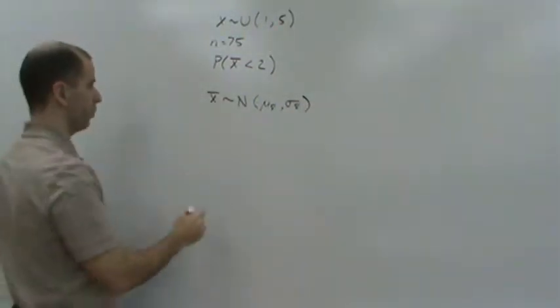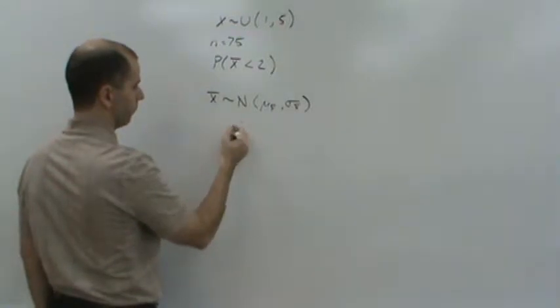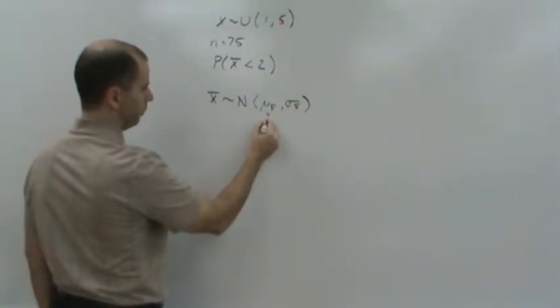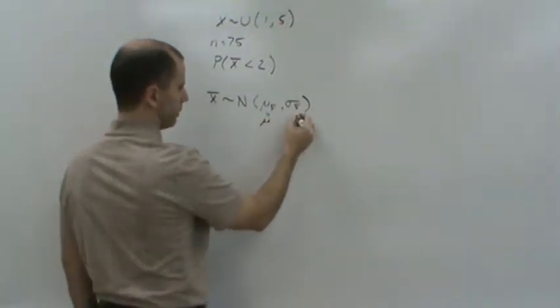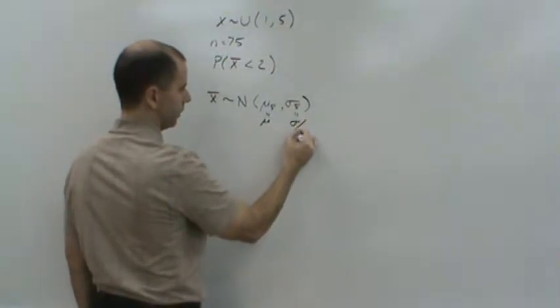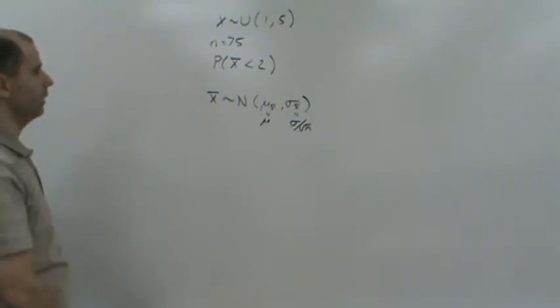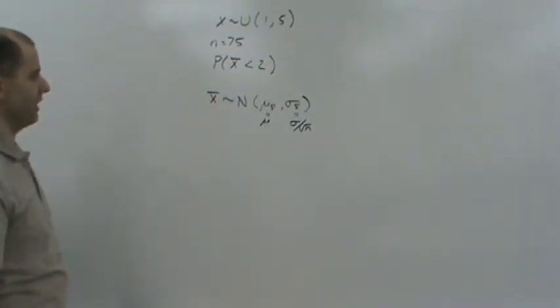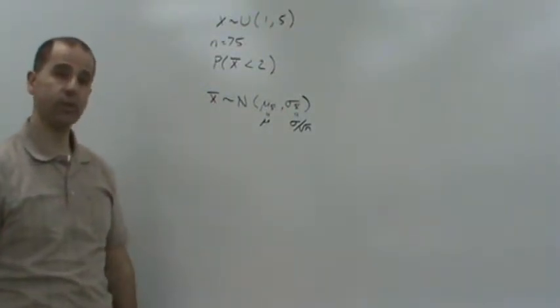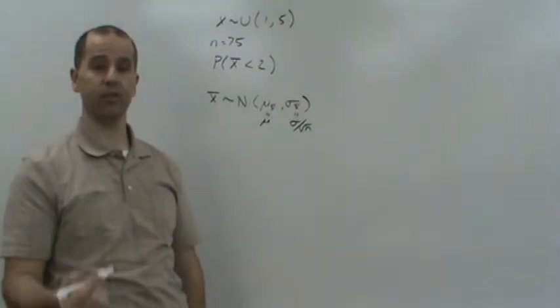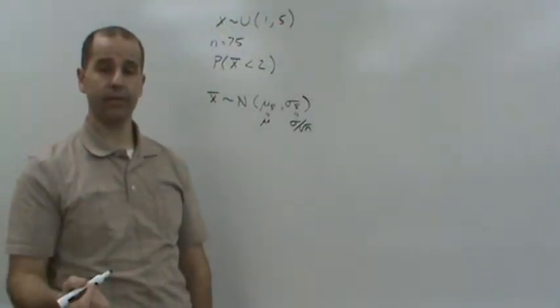Remember, mu of X bar is equal to mu, and sigma of X bar is equal to sigma divided by the square root of n. So the question is, is X bar normal? And the answer is yes. Why? Because of the central limit theorem. What is the central limit theorem?